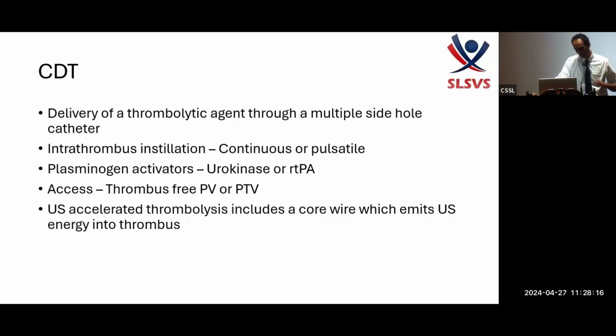The tip of the catheter is placed in the lumen of the thrombus, and we can use continuous infusion of thrombolytic agent or pulsatile spray injection therapy. They say the pulsatile injection therapy is much more effective in clearing the thrombosis. So we use plasminogen activators like urokinase, rtPA, and we access the thrombus-free popliteal vein or otherwise the posterior tibial vein under ultrasound guidance.